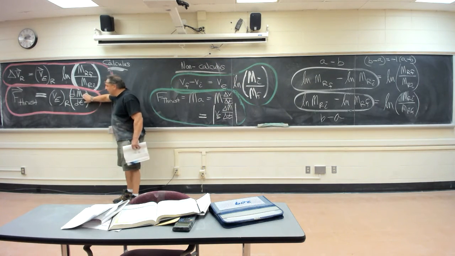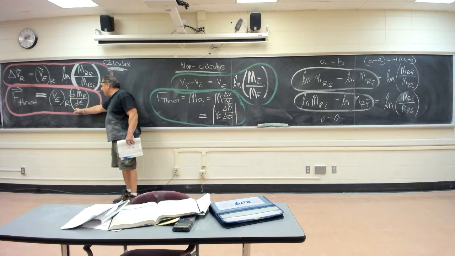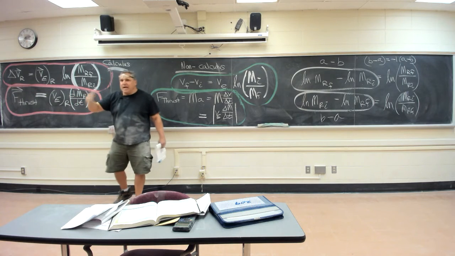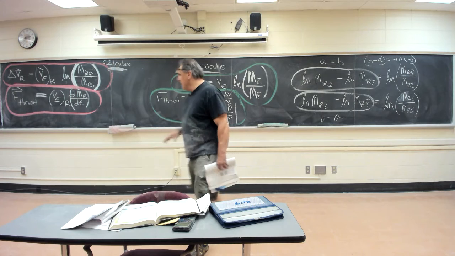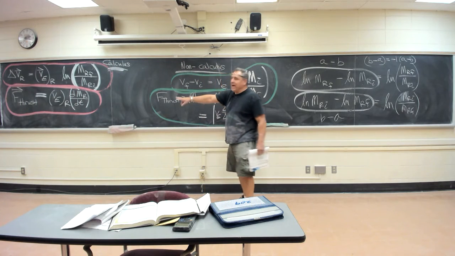You don't even have to put an R there. This is like delta M over delta T. This is more precise if it's a variable amount at which it's leaving. If it's leaving at a constant rate, this is every bit as valid as what's over there.